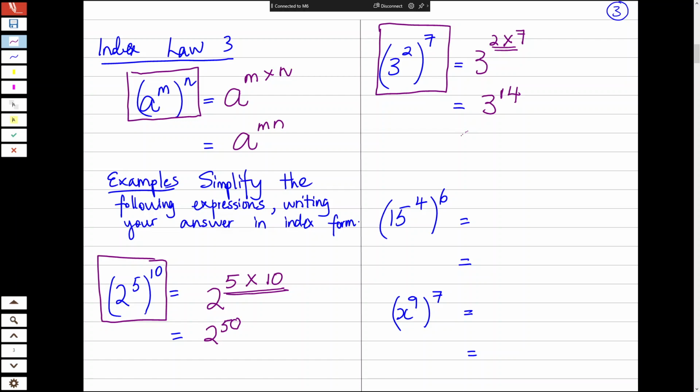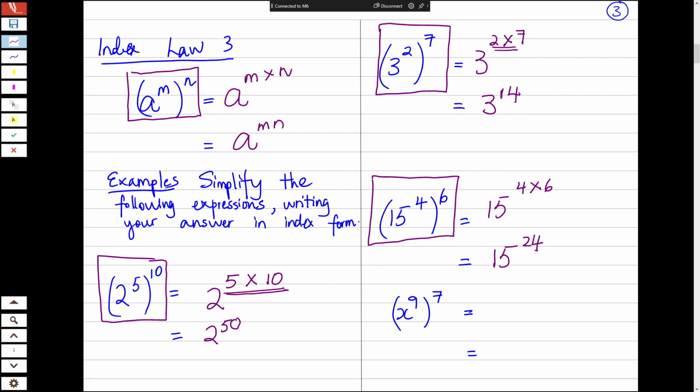Let's go with Talia. We're having a look at this one now. What do you think? 15 plus 4 times 6. Can you simplify that? 15 and 4. Thank you. That's great.